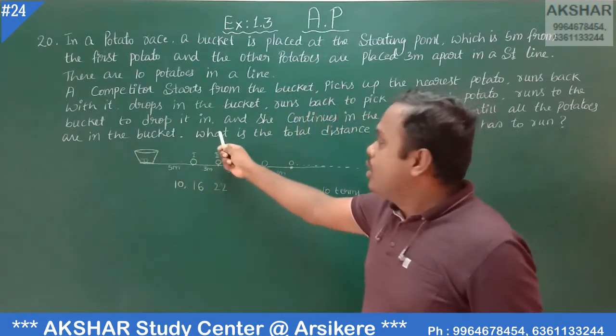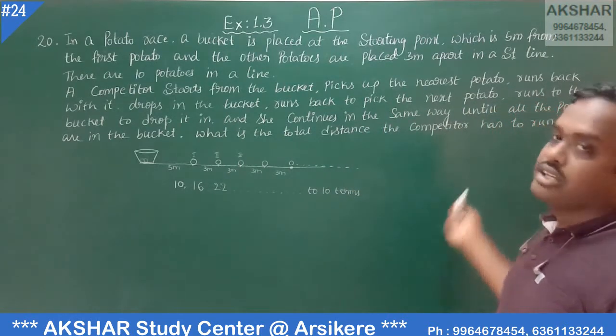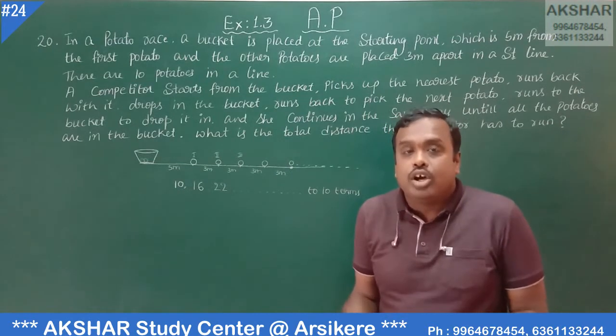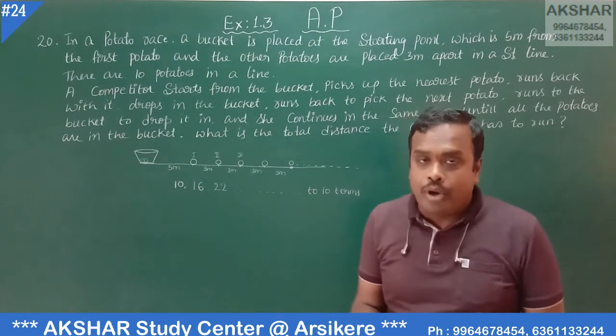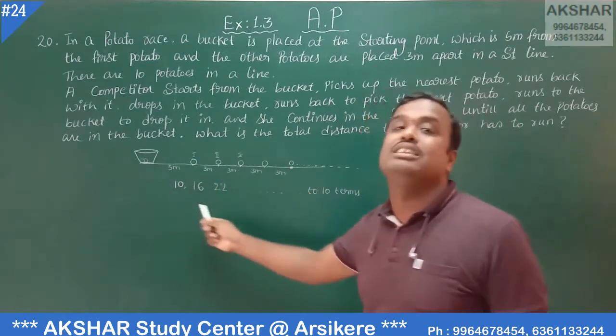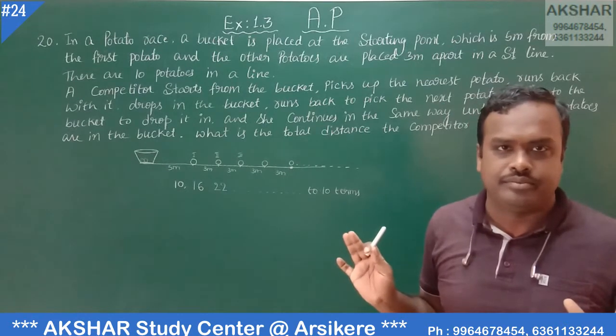Now we need to find the total distance that the competitor has to run. That means what is the total distance run by the competitor to drop all the 10 potatoes in the bucket. That means we need to find the SN here, the sum. Okay, children, we need to find SN. Clear?